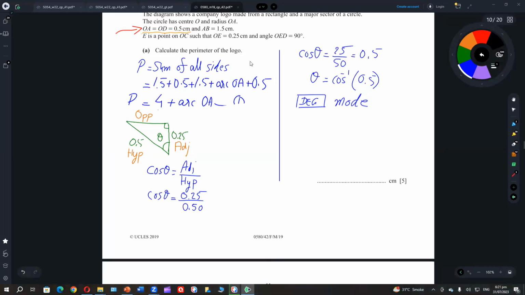First, if you have a Casio machine, press shift, then press cos, and then type 0.5.